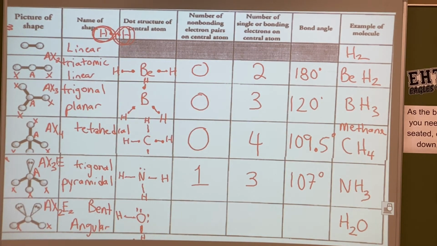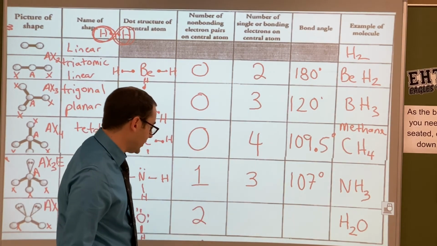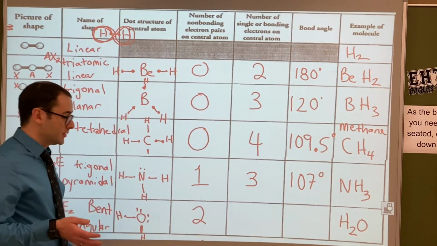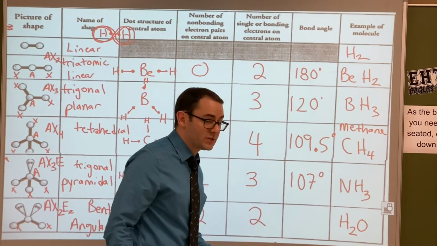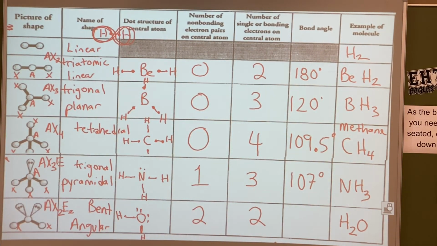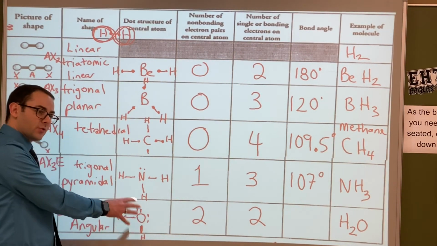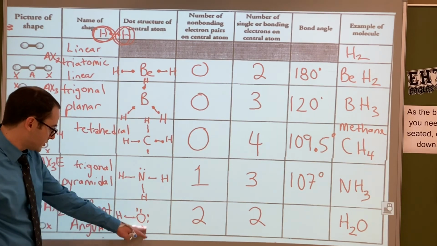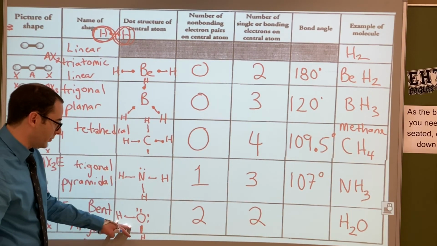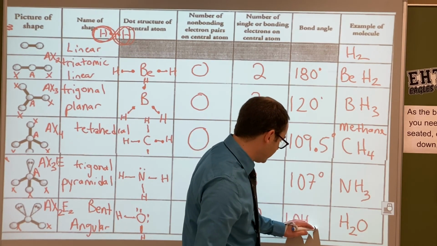Okay, how many non-bonding electron pairs do we have? Good, we have 2. All right, and then how many single bonds? We have 2. What's the angle? Again, it's somewhere over 90, even though this drawing looks like it's 90. It's not a great drawing, but okay, it's 2-dimensional. I guess we could draw it a little bit better. It's 104.5.